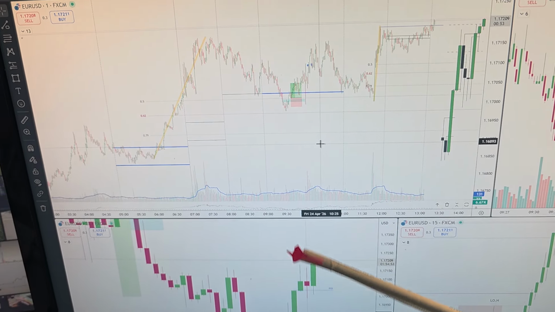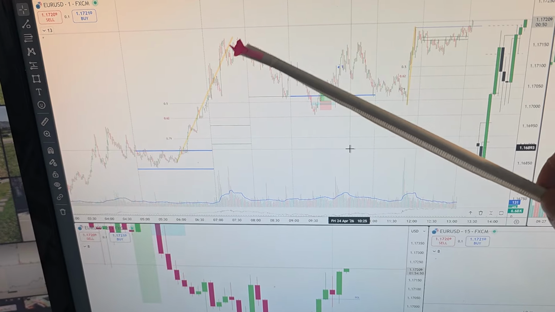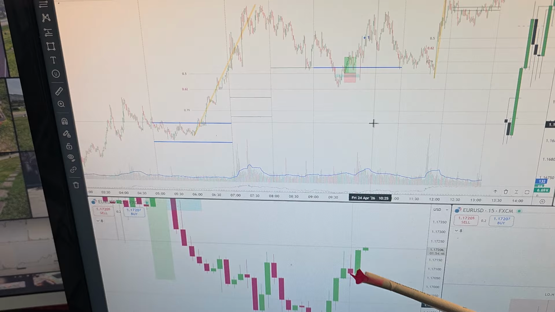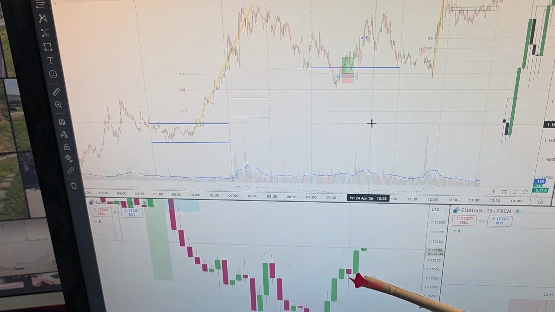So it would be something like this, coming down, up, and we're in the middle of this candle right now.